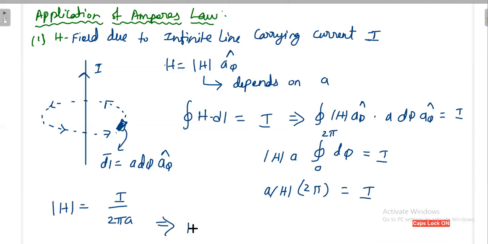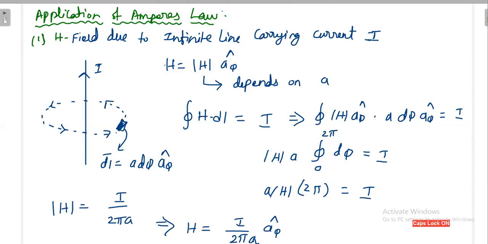So H is I divided by 2 pi a, times a phi cap. This is the magnetic field due to an infinite line carrying current.